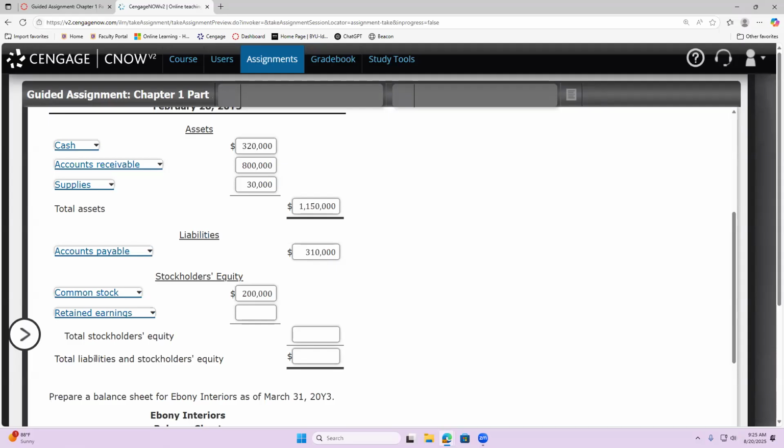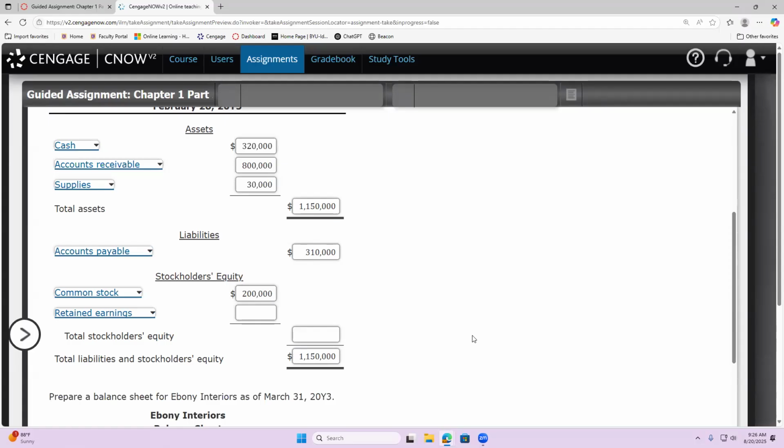So step one, we know that our total liabilities and stockholders' equity has to equal our total assets. Why? Because of the accounting equation, assets equal liabilities plus equity. So this number right here, total liabilities and stockholders' equity, is going to be the same as this number right here, total assets. So I'm just going to copy and paste it. So there's a starting point for us, right?